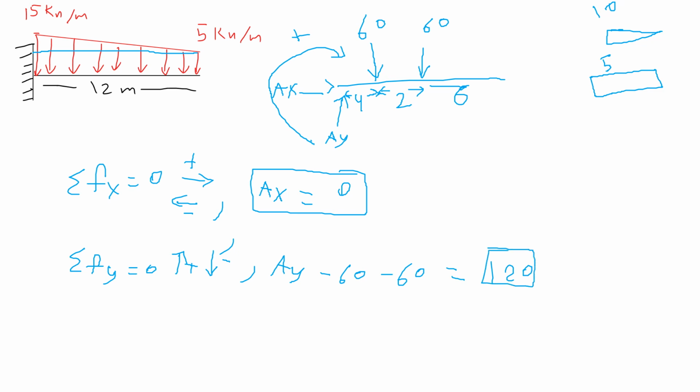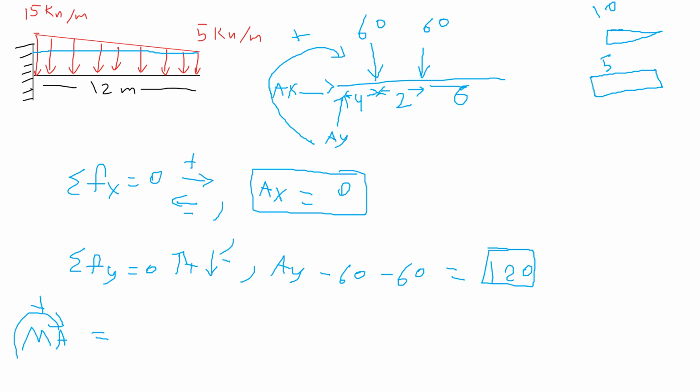Let's go to the moment. The MA, I assumed it positive. This is the tricky part. The MA, I assumed it in this direction with the clockwise. So I got the AY and the AX going through the point. Doesn't really affect it, and I got 60 all positive.